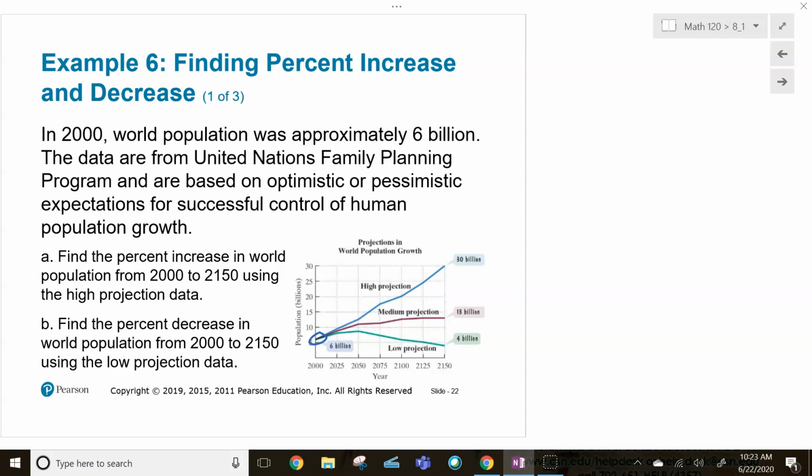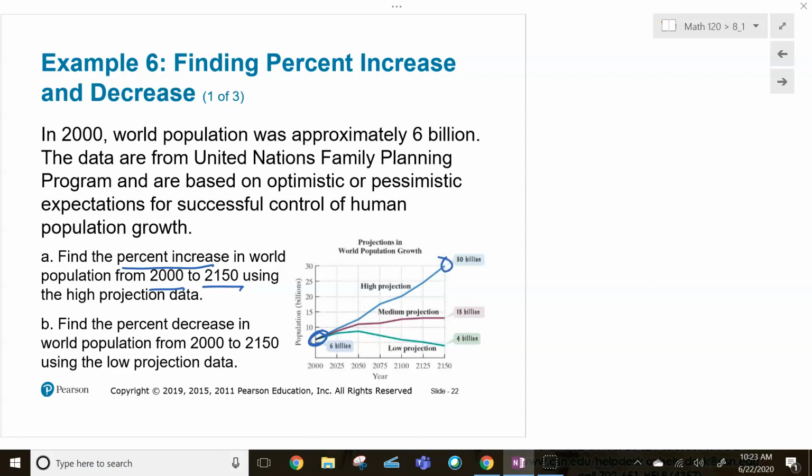So we don't know exactly how much it's going to increase, but we can project it, so we can extrapolate optimistically or pessimistically. Part A, find the percent increase in world population from 2000 to 2150. So 2150 it looks like it's up here at 30 billion.